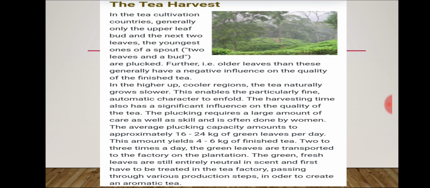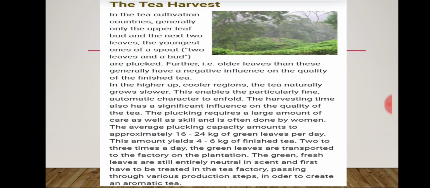The plucking requires a large amount of care as well as skill and is often done by women. The average plucking capacity amounts to approximately 16 to 24 kg of the green leaves per day. This amount yields 4 to 6 kg of finished tea. 2 to 3 times a day, the green leaves are transported to the factory on the plantation.